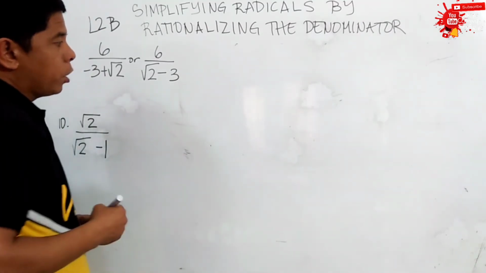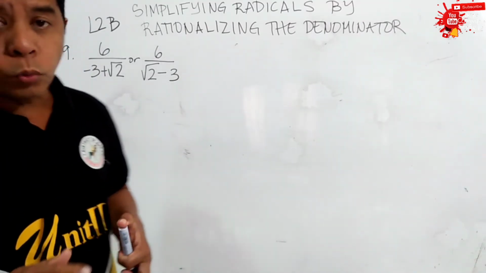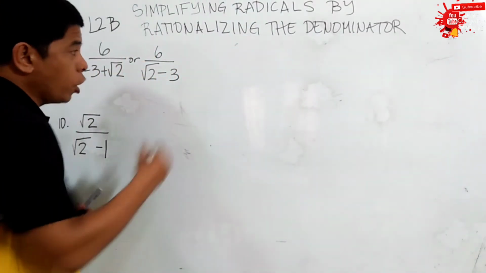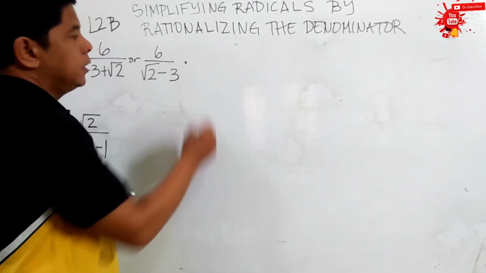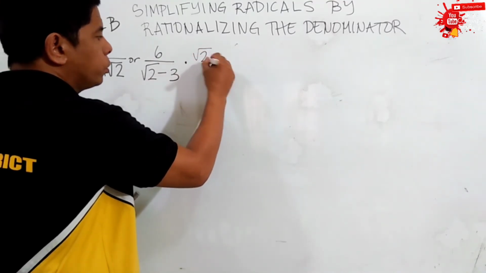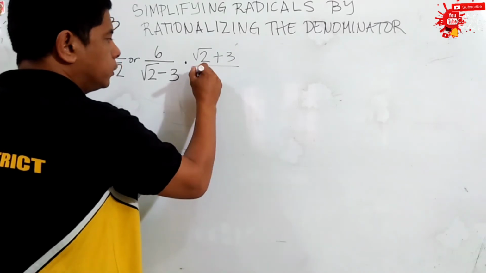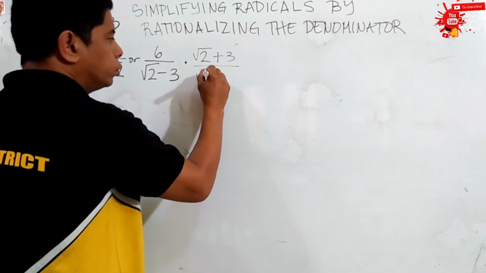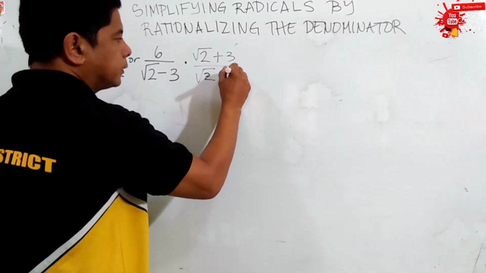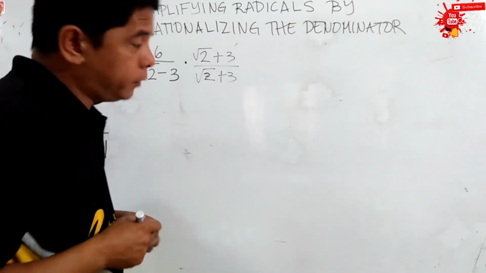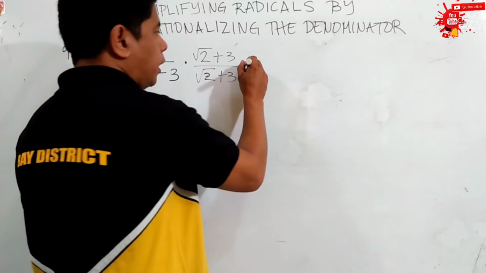Okay. So, ano ang conjugates ng the square root of 2 minus 3? Ang kakonjugates niyan ay the square root of 2 plus 3 over the square root of 2 plus 3. So, unti-unti na nauubos ang ating board marker. Okay?